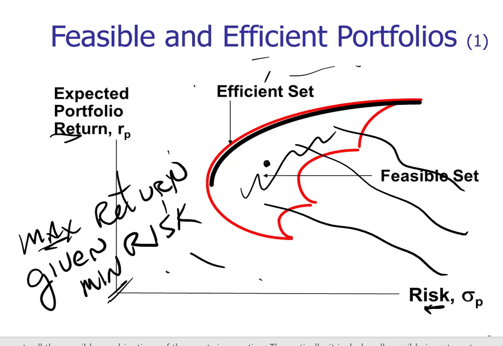So could you choose this asset? Certainly you could. But there are other investments above that, up to this red line, that have the exact same level of risk but more returns. And likewise, moving here, all of these have the same returns, but each has less risk. So this upper boundary here is the set of portfolios that we want, that we would be willing to invest in.